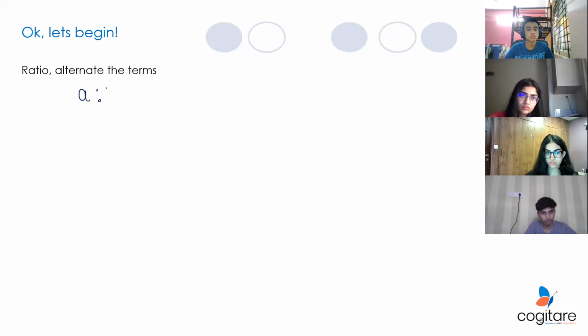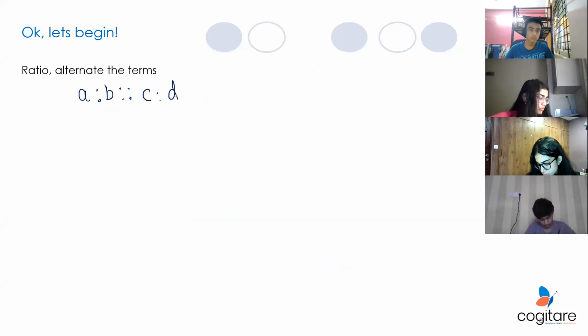A is to B is as C is to D. Don't write, just listen.